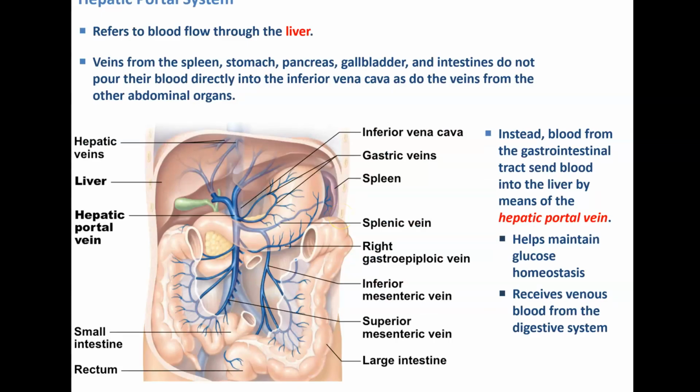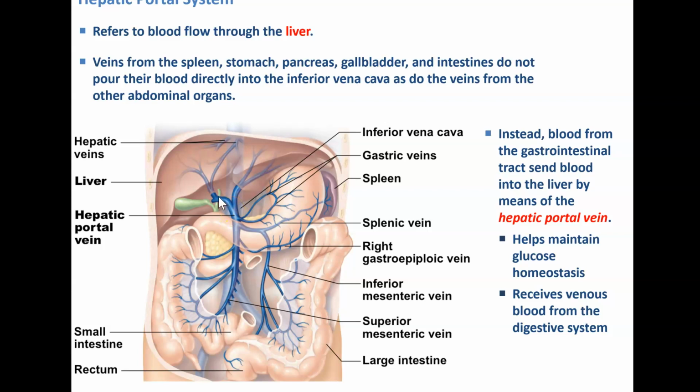Here's another great illustration of the hepatic portal system. We could see our superior mesenteric vein draining the small intestines and proximal portion of the colon into our hepatic portal vein. The inferior mesenteric vein draining into the splenic vein, which will carry the blood into the hepatic portal vein as well.